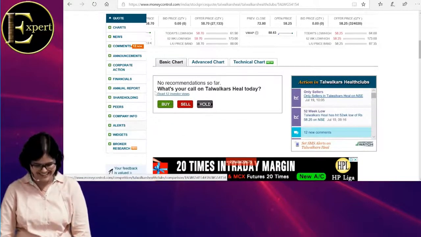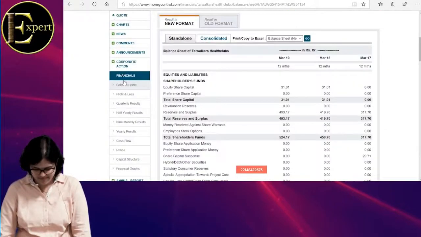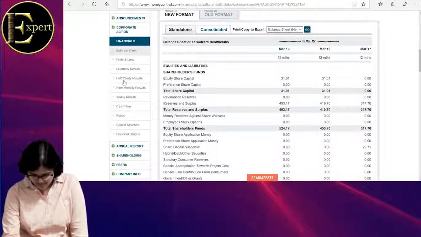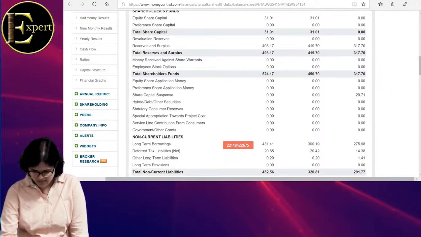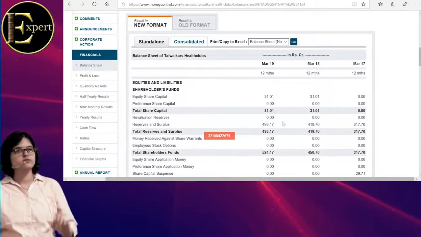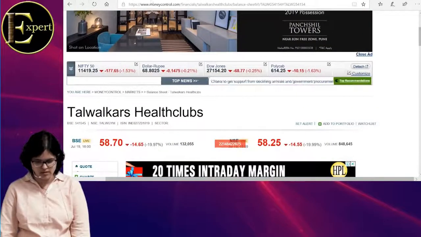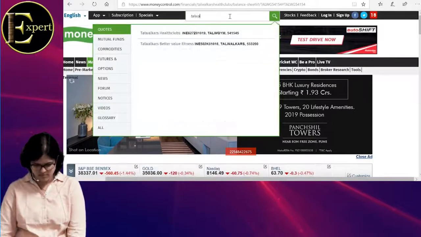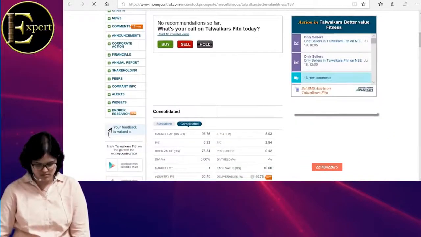Okay, so if you go to financials now, it's not that bad, and you can see 3 years only because 3 years का ही data available है. There was one more Talwalkar. Better value fitness. 31 rupees. Okay.